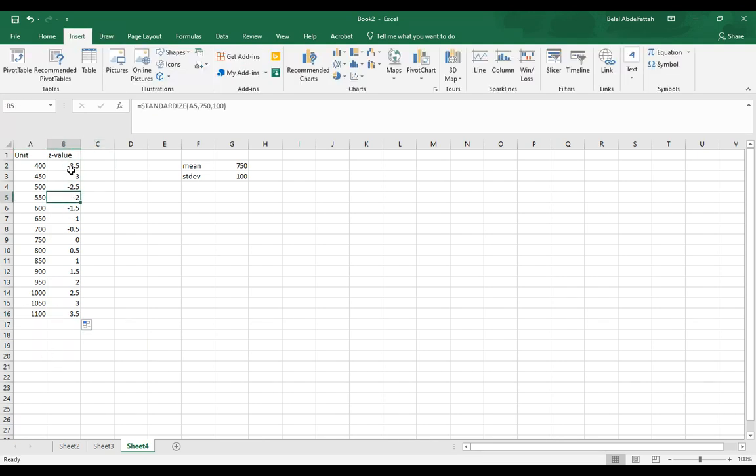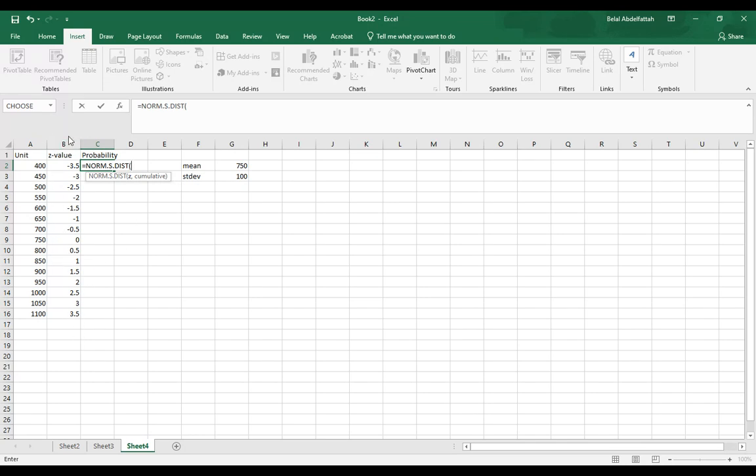Before I do the chart, what I want to do is create the probability for this series of values that I have here, these z values. So if I say norm.s.dist, it is different from norm.dist. The .s means standardized values, and we have these values standardized since we have the z values here.